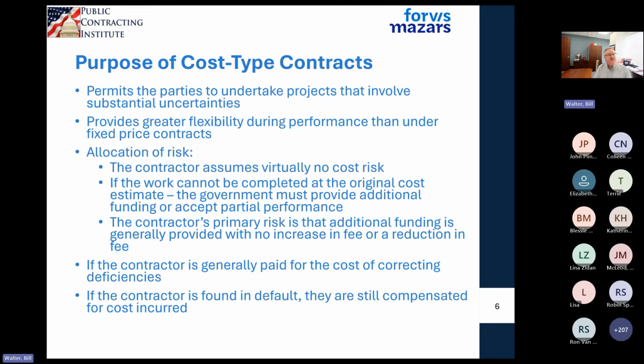But most of the time, there are a lot of uncertainties that can be associated with a contract. And if you're the person who's bidding and you're saying, wow, I don't know how many widgets we're going to need, I don't know how many hours we're going to need, et cetera, chances are the customer should be leaning towards a cost type contract because of those substantial uncertainties.